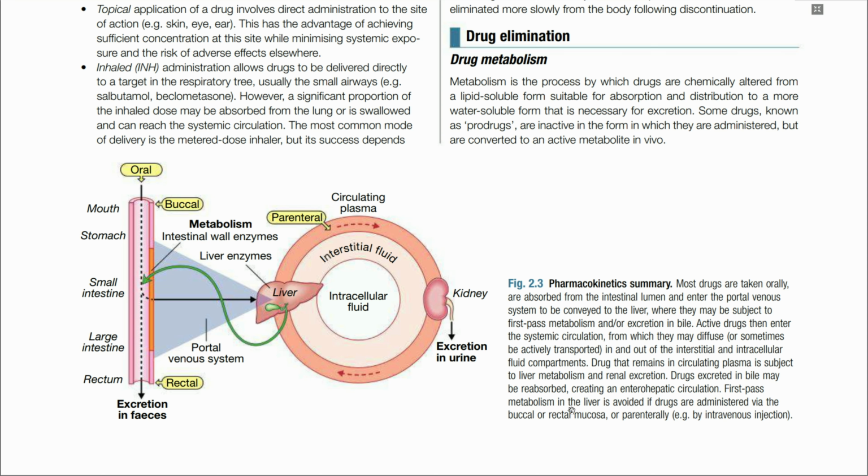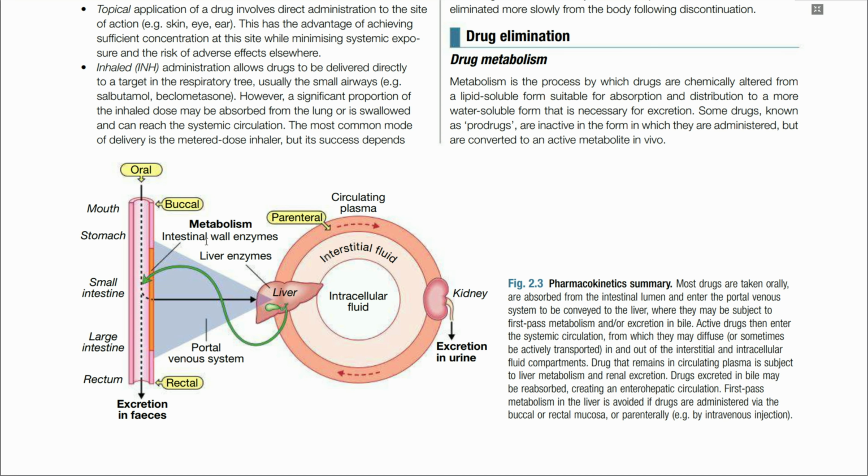First-pass metabolism in the liver is avoided if drugs are administered via the buccal or rectal mucosa or parenterally, for example by intravenous injection. Oral, buccal, mouth, stomach, small intestine, large intestine, rectum, rectal, excretion in feces.